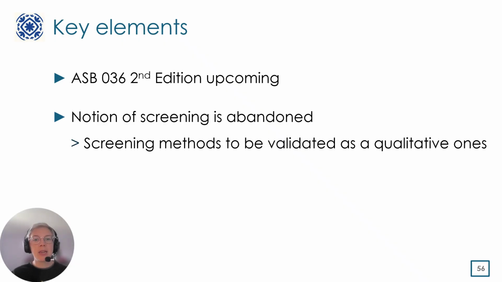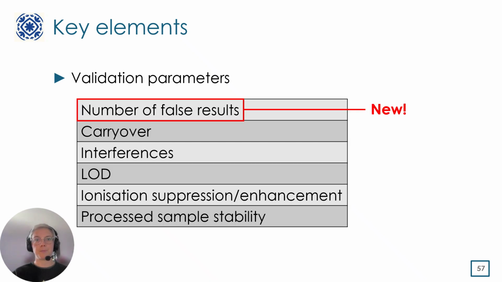You can still screen, of course, but these methods need to be validated like any other qualitative method. Qualitative methods are to be validated with carryover, interferences, LOD, ionization suppression enhancement, processed sample stability. All of this was already in the current ASB version, and the new one adds the number of false positives and negatives. This is a new requirement of the second edition.